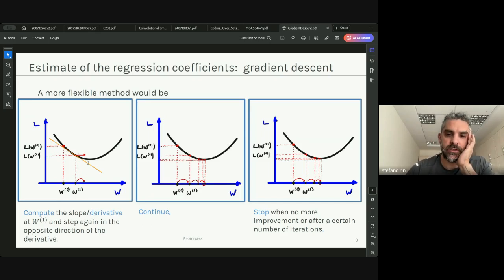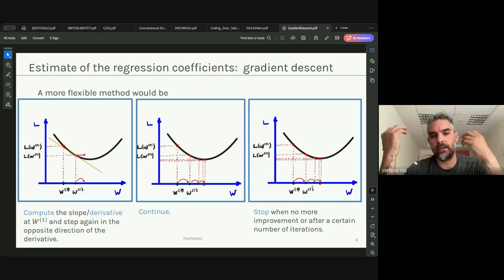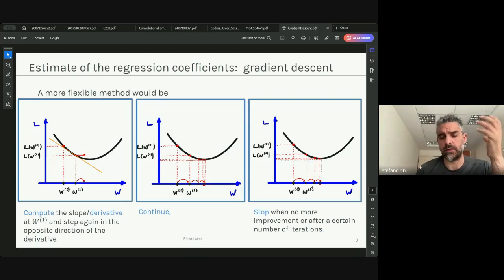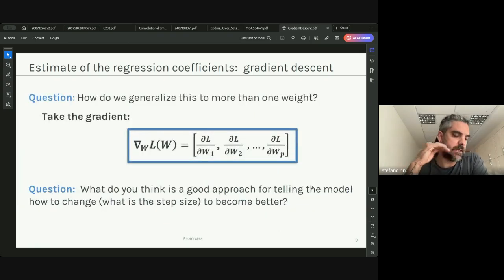Then we measure the gradient, take a step, and repeat until hopefully we get to our minimum. Of course, in general, we're not guaranteed that we're going to obtain the optimal set of weights. So we might need to start from multiple initialization points. We might need to repeat SGD with a different set of entries in the data set, and so on and so forth. But basically, this is the basic idea of stochastic gradient descent.